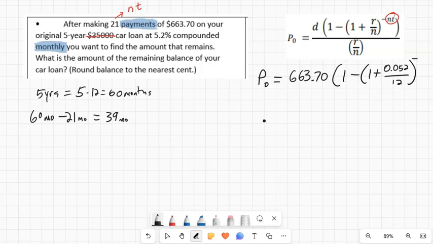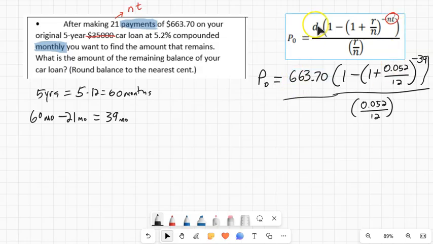If we used 39 for how many payments are left over, and again at the same interest rate and the same frequency, how much could we pay off as if it were a loan?